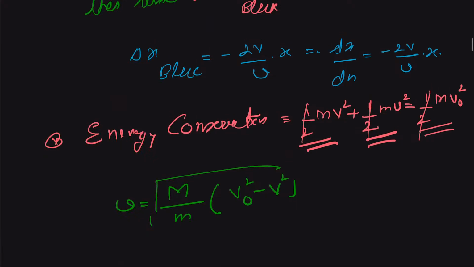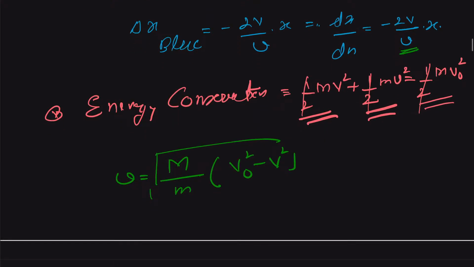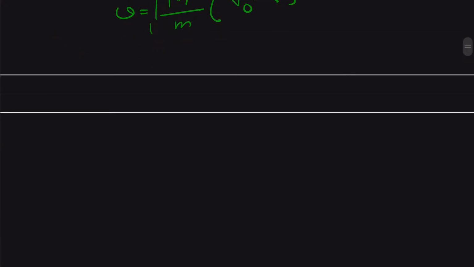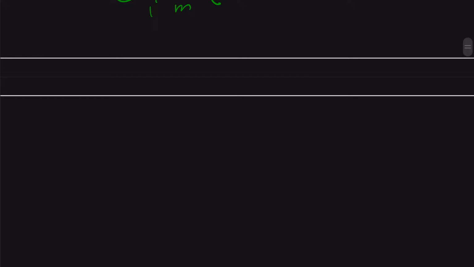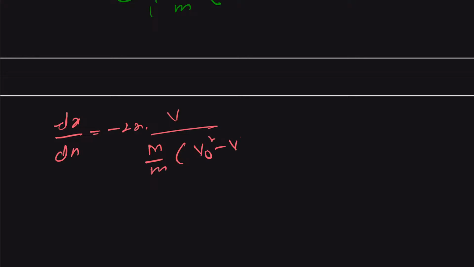Now we can easily replace this velocity in the differential equation, and we get dx upon dn equal to minus 2x times V upon the square root of M upon m times V naught square minus V square.